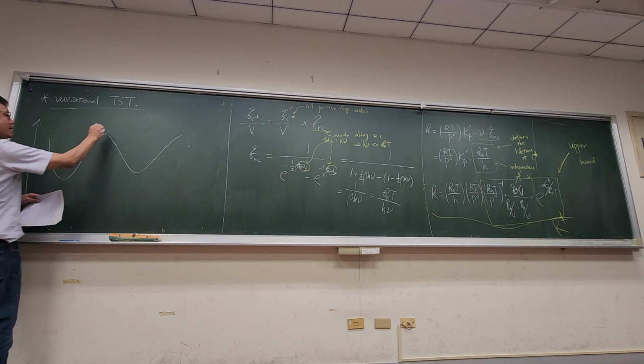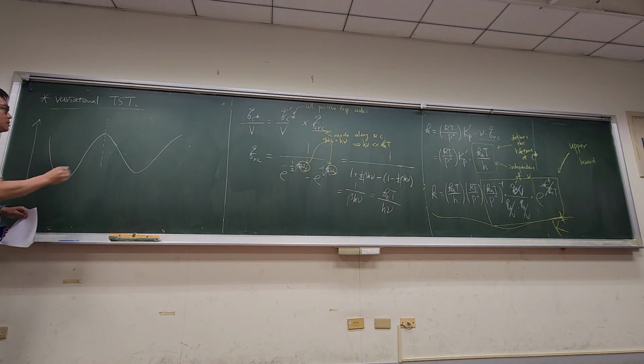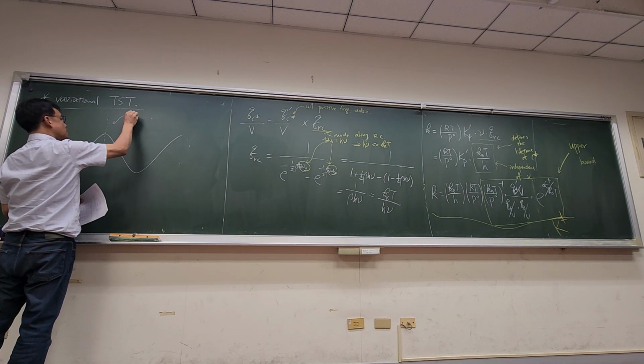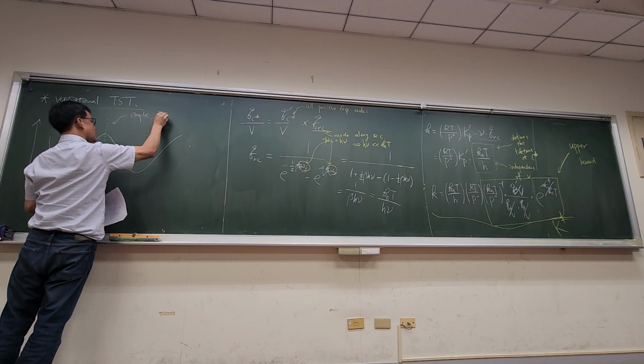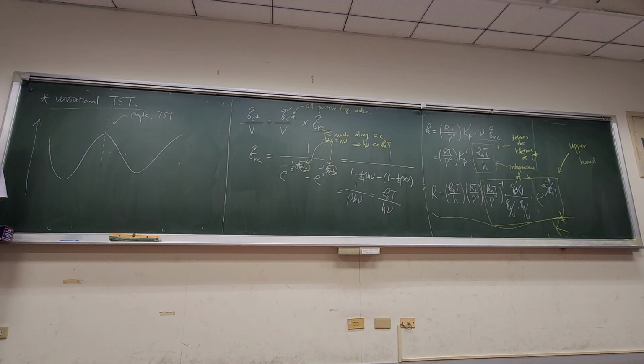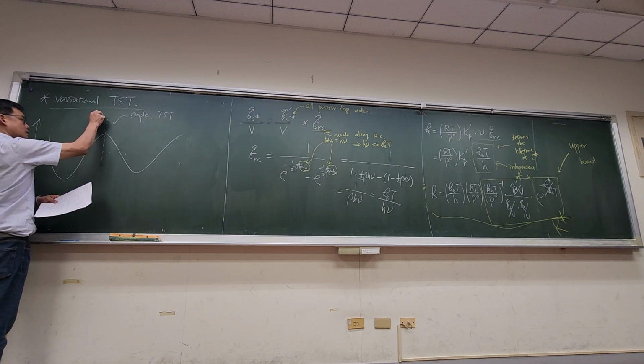But instead of defining the top as the transition state, so this is the conventional simple transition state theory, we can say, well, let's assume the real transition state, the real geometry of the molecule that represents the transition state, is not something here, actually it's something here.